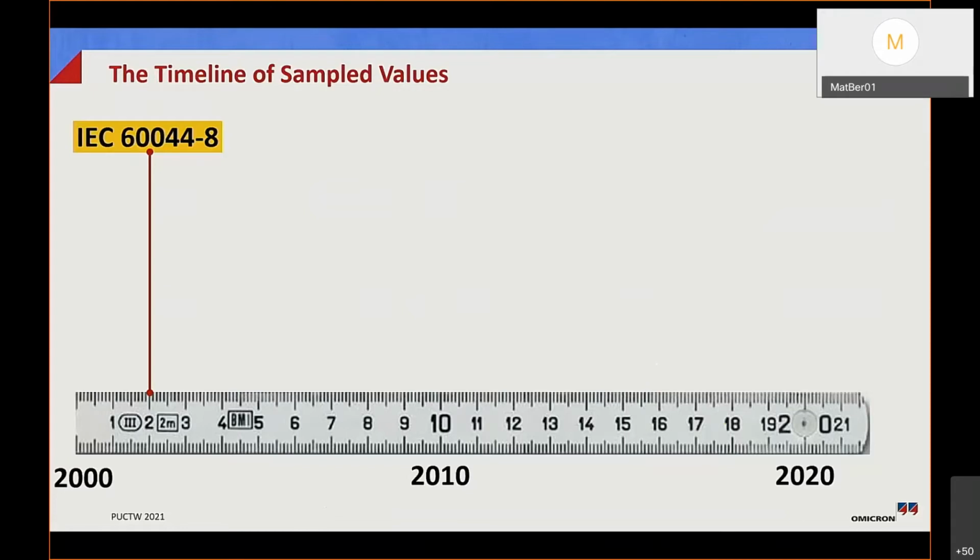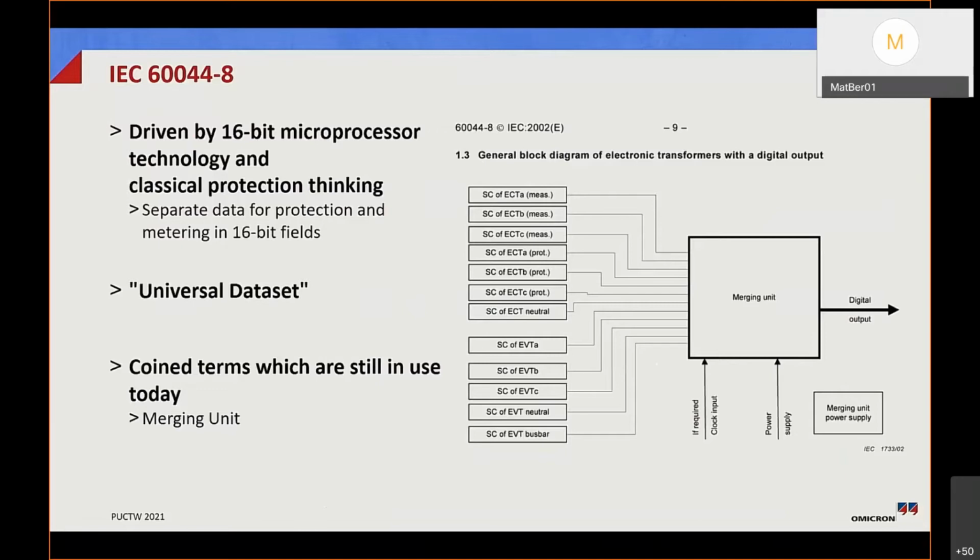Now, what was this standard? 644 was the instrument transformer standard at that time. What was this part about? It was about merging units, actually. But it was restricted by the boundary condition of its time. So they had 16-bit microprocessors available at that time.